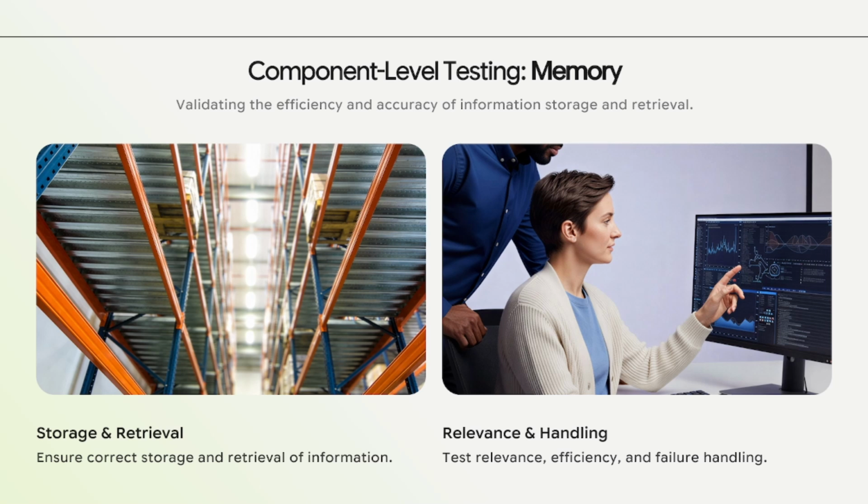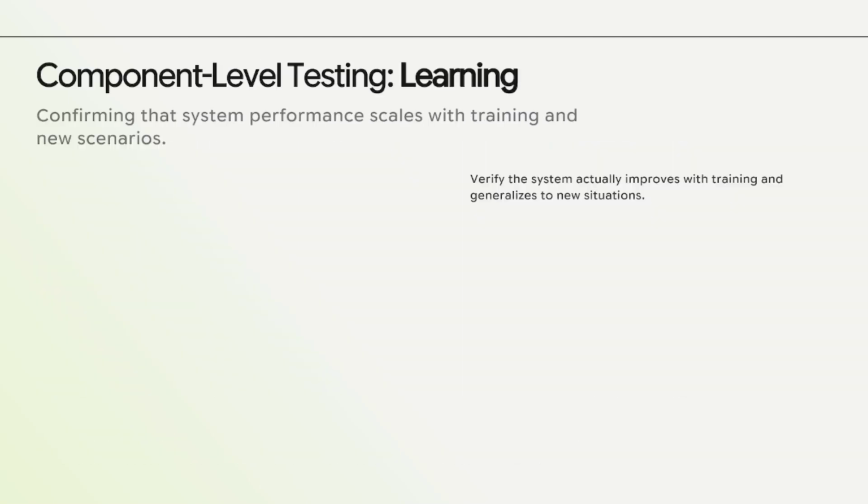Then relevance handling: test relevance, efficiency, and failure handling. Then component testing for learning. Also make sure you verify the system actually improves with retraining, or when you implement supervised fine tuning, or from parametric and non-parametric learning. So it generalizes to new situations.